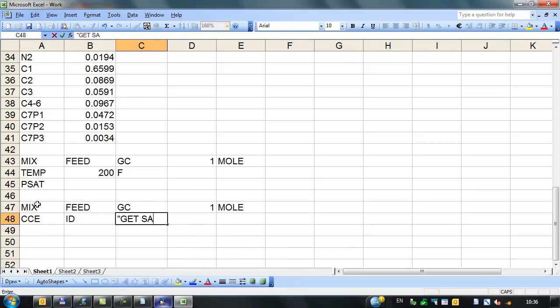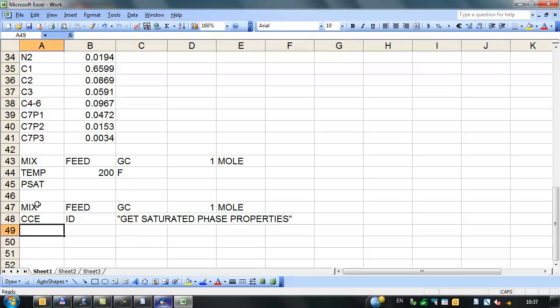Get saturated phase properties. Pressure. Let's see. Stage. Okay, and then we can get, we want liquid density, gas density, liquid viscosity, and gas viscosity. Those are the main properties that we want. Stage 1.